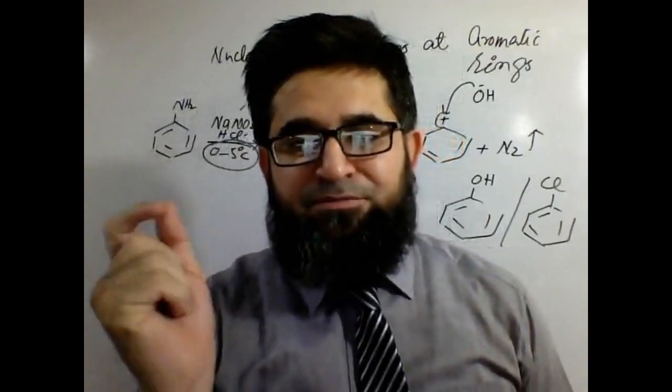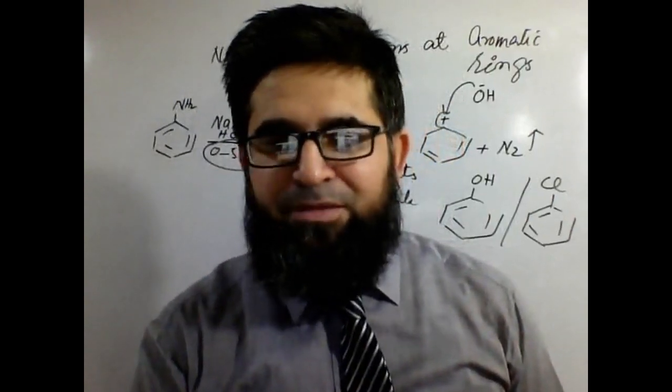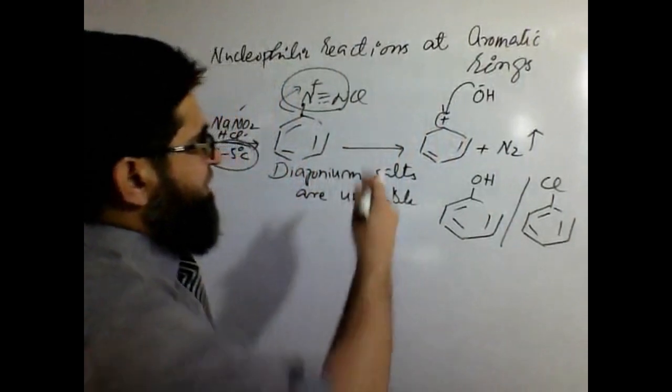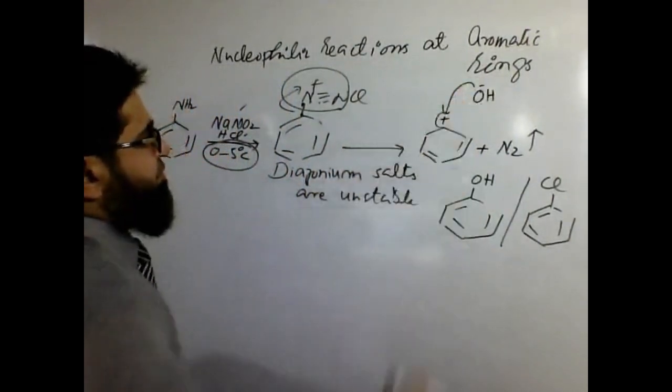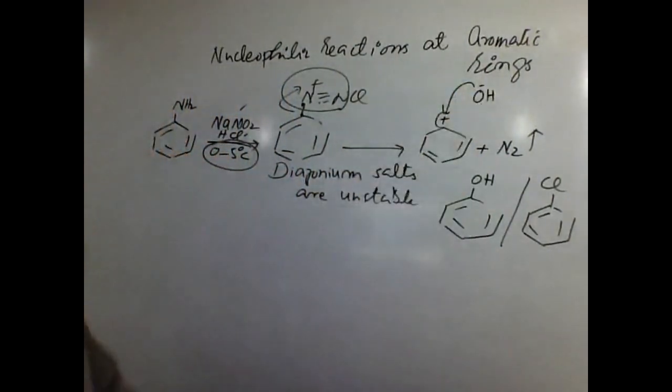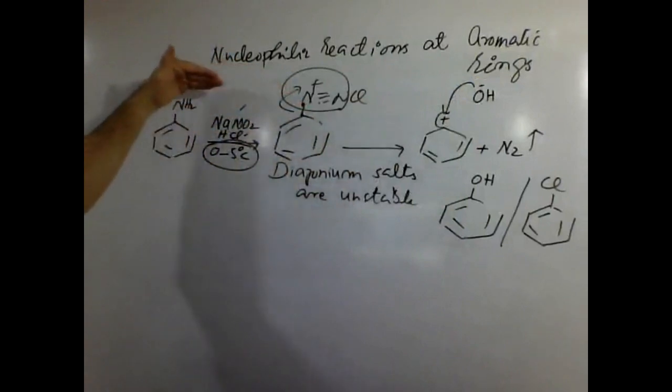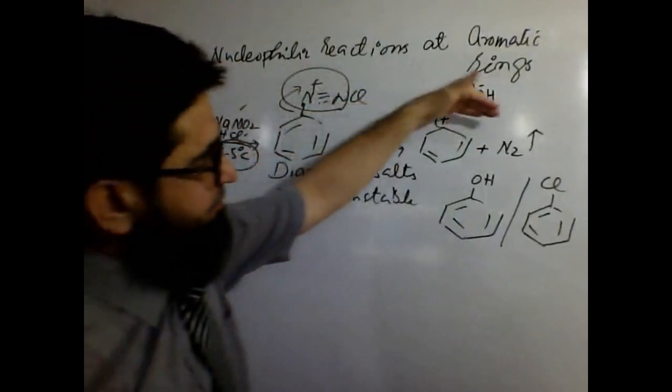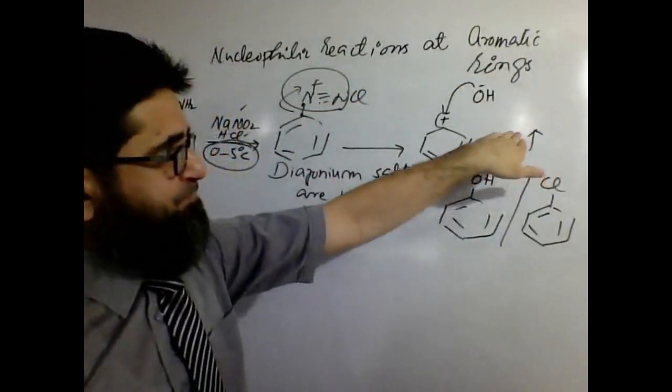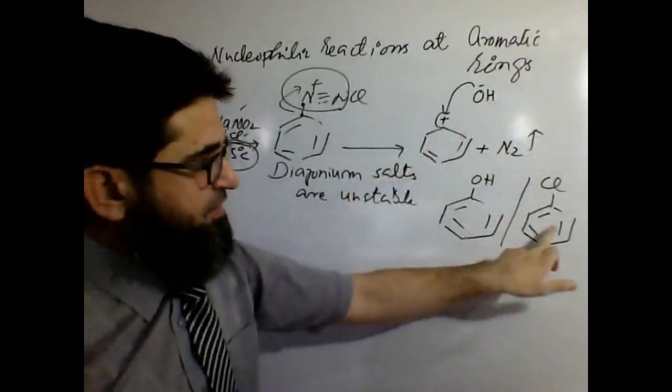So if some nucleophiles are available in the reaction flask, they have the opportunity to react over here. This is how the aromatic compounds react with nucleophiles, giving us this sort of compound.